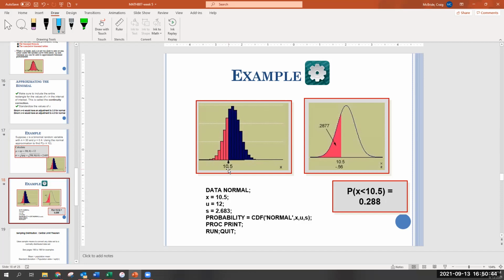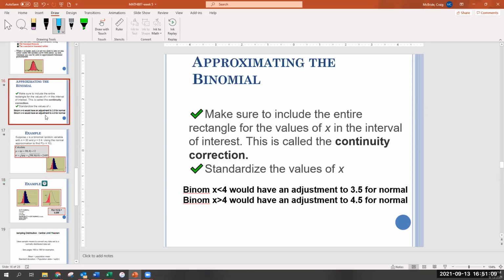So that edge is at 10.5. That's why you set the continuous x for your normal curve at 10.5, and that gives you all of those bars without giving you half of the next one. If you set it at 10, it would cut this bar in half and you would lose half of the bar that you want. So that's what this continuity correction means.